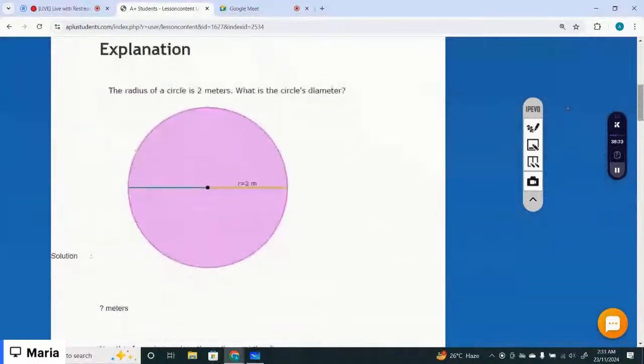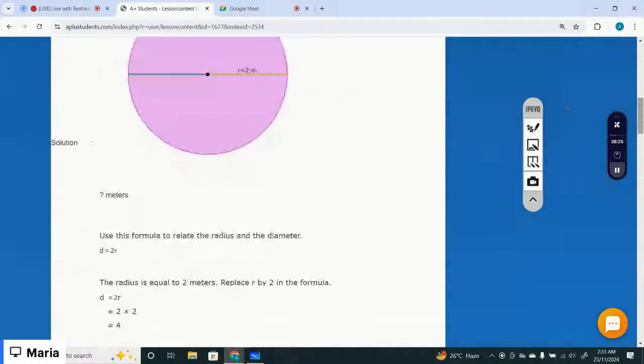So the radius is 2 meter. The diameter is 2 times the radius. That is 2 times 2 is 4.